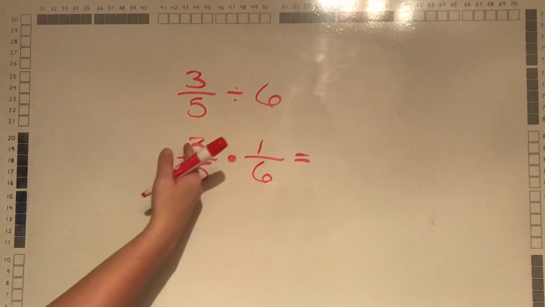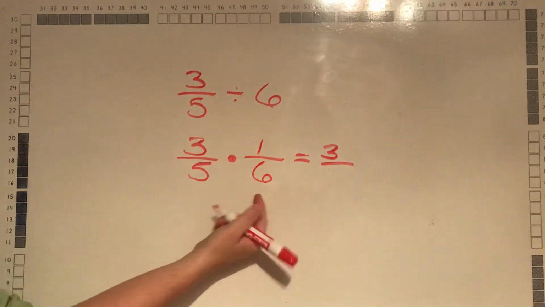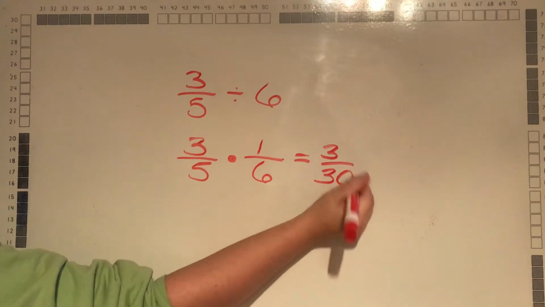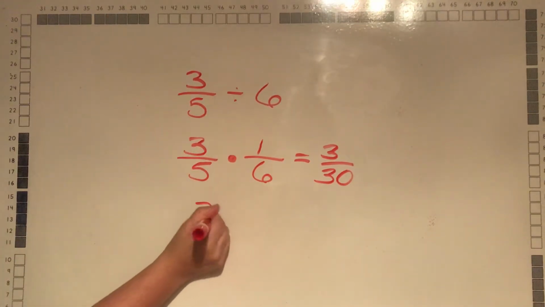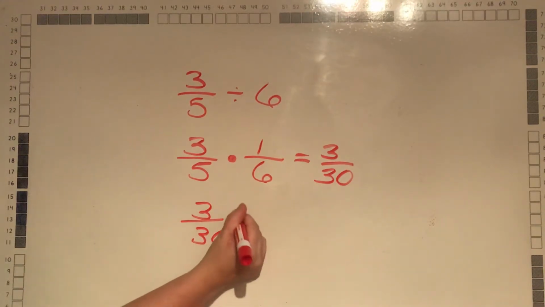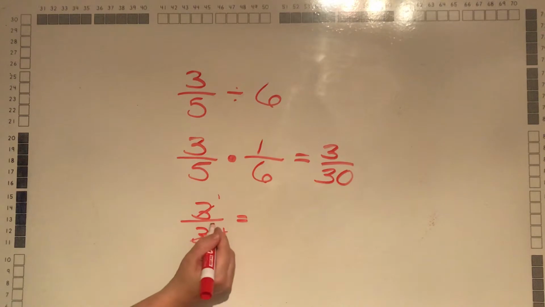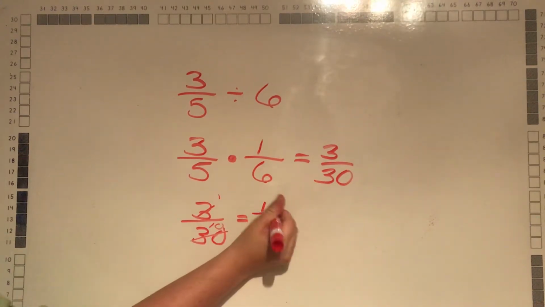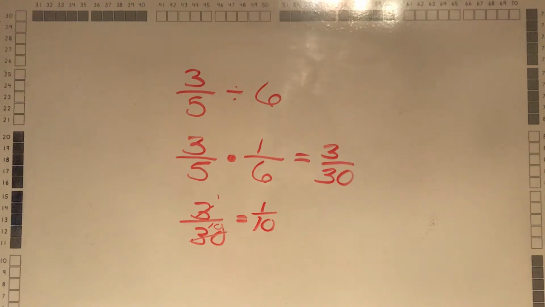When we multiply fractions, we multiply the numerators, which is 3, then we multiply the denominators, which is 30. And we can simplify that because 3 goes into 3 one time, and it goes into 30 10 times, and our answer is 1/10. So 3/5 divided by 6 equals 1/10.